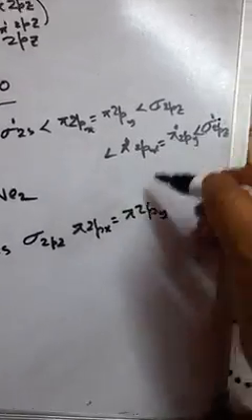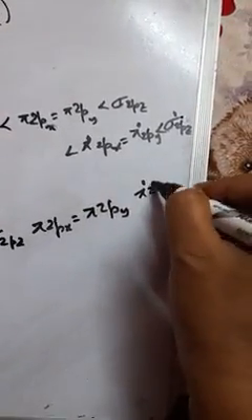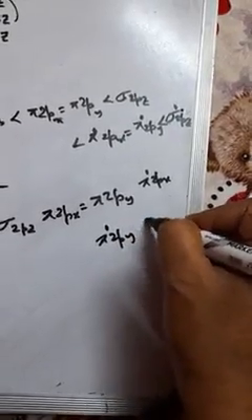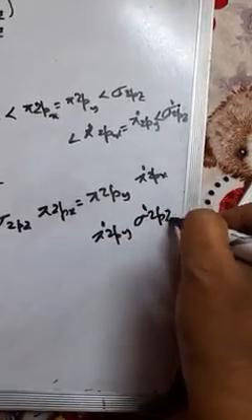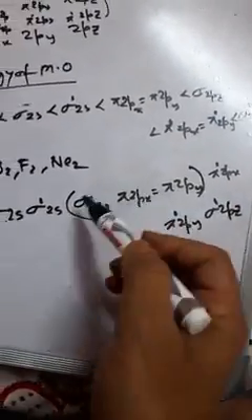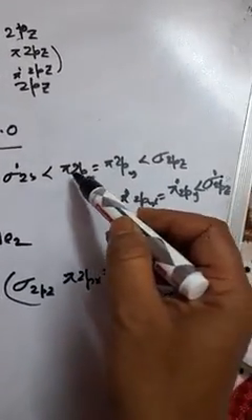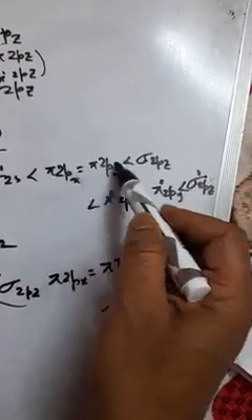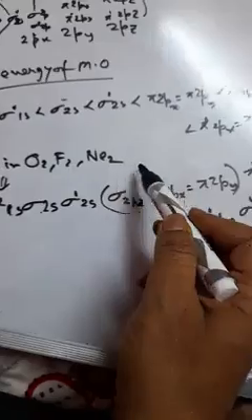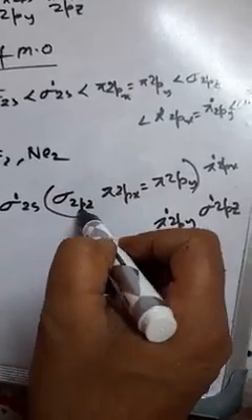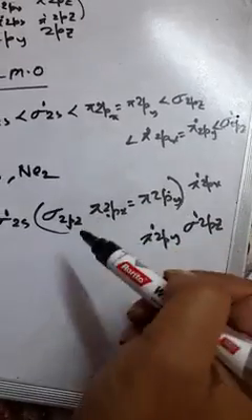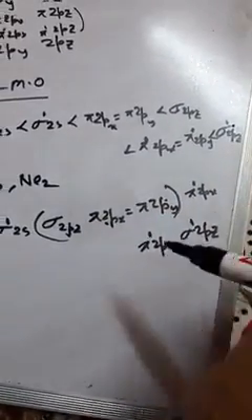Then pi star 2px, pi star 2py, and sigma star 2pz. So just in this portion the order is reversed. In the normal way, first there is pi 2px equal to pi 2py, and then sigma 2pz. In case of O2, F2 and Ne2, it will be sigma 2pz first, and then pi 2px and pi 2py. In the antibonding, the order is the same.